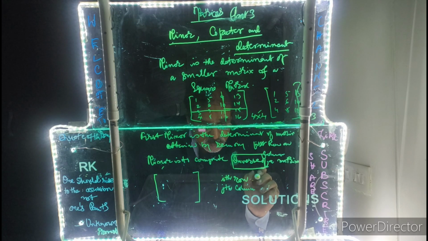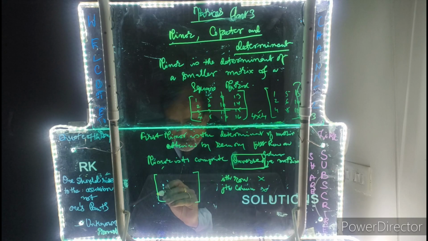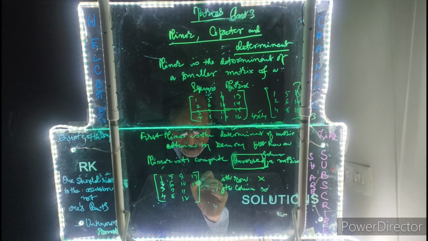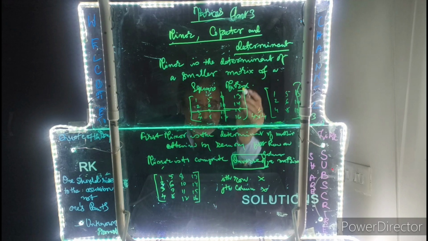If you remove these two from this matrix, let's say 1, 2, 3, 4, 5, 6, 7, 8, 9, 10, 11, 12, 13, 14, 15, 16, the same matrix.